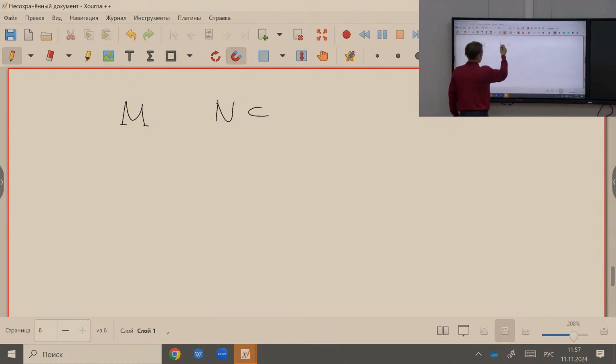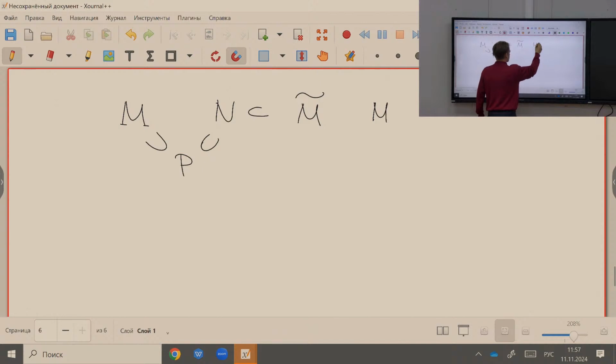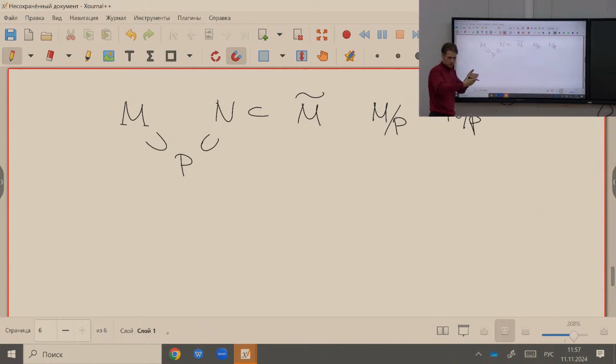They are both submodules somewhere, like in M tilde. And the idea is that you can find a common submodule P, such that M modulo P and N modulo P are modules where we can calculate the characteristic, like the number of elements.